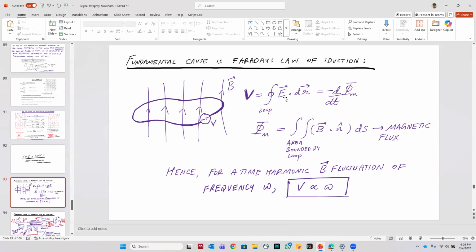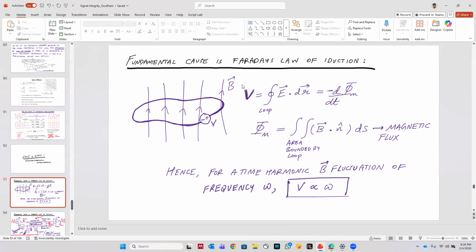Basically, the potential across the loop is related to the time rate of change of magnetic flux through this loop, right? If you consider a situation where B is time harmonic, that is, B is sinusoidal, because remember we are always trying to see how the different frequency components are being affected.